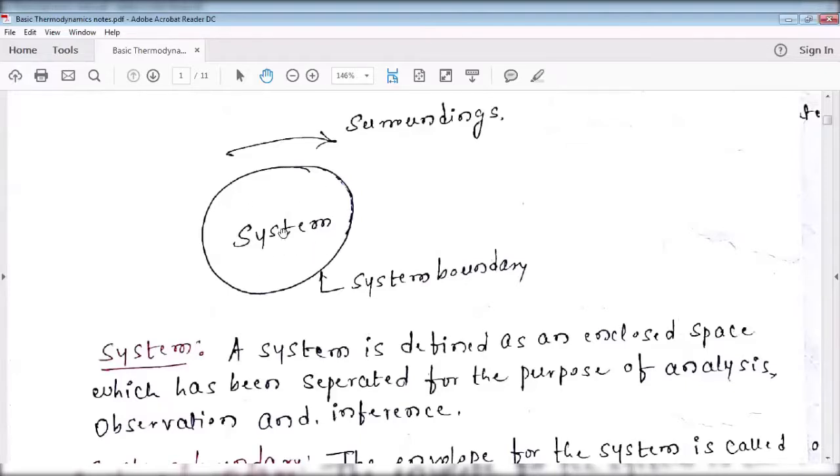The best example of a system is your IC engine. Another is a refrigerator, and an air conditioning system. Next examples are a boiler, a turbine, your mobile, your laptop, and your classroom, each one a system.